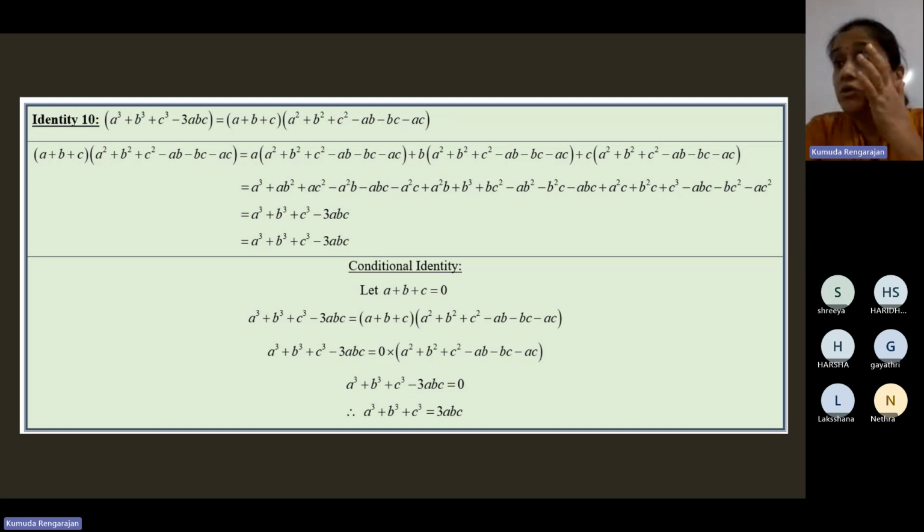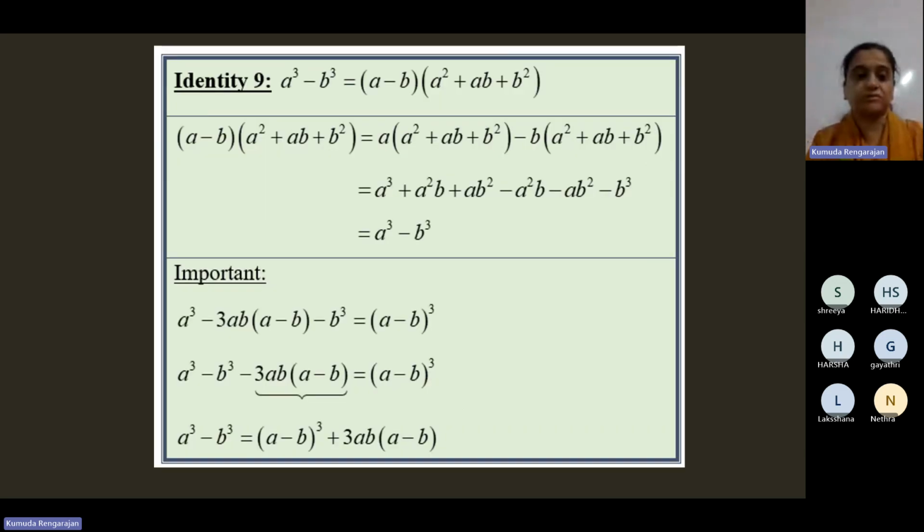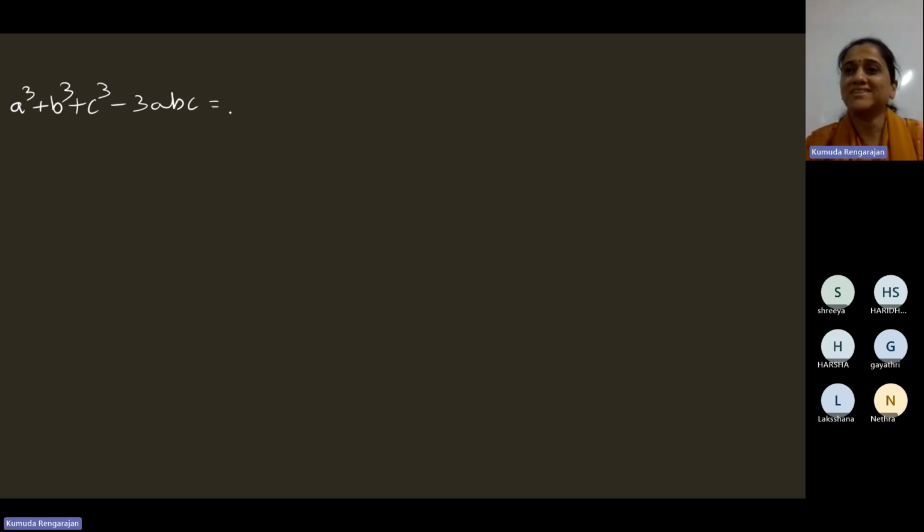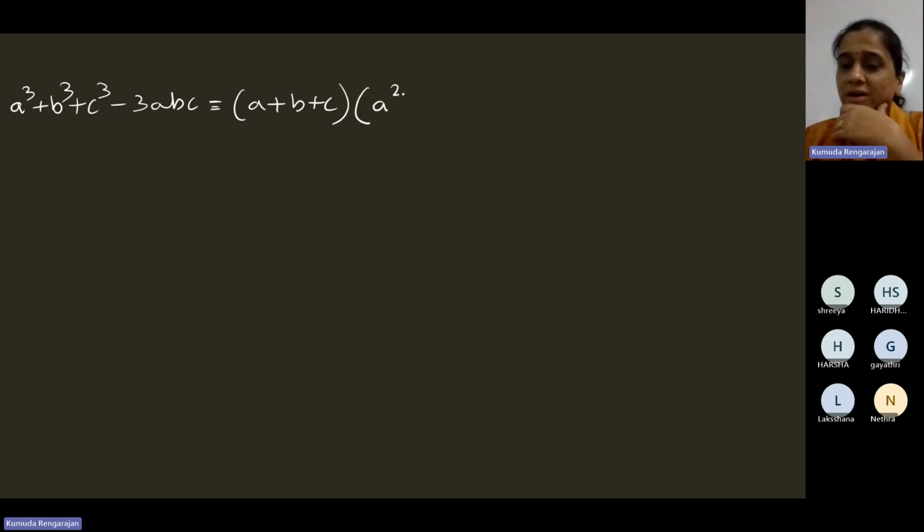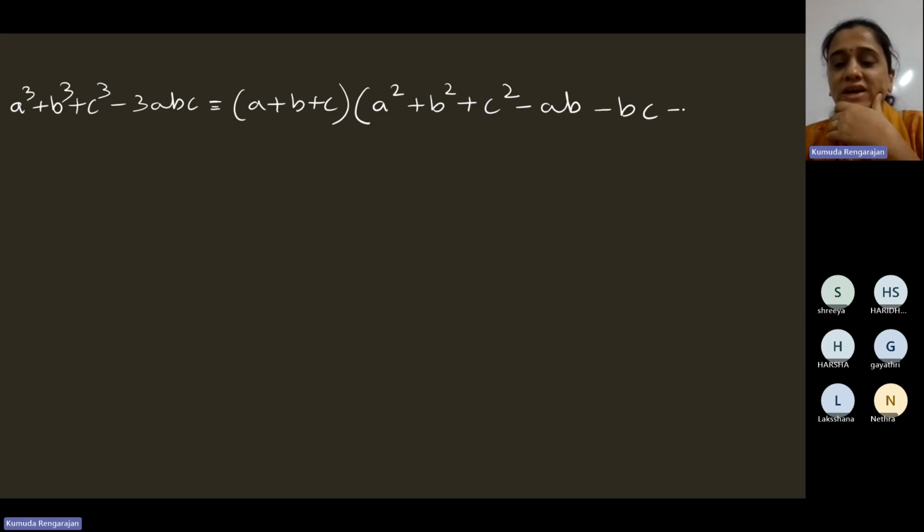Yeah, there's the next one. A cube plus b cube plus c cube minus 3abc is equal to a plus b plus c into a squared plus b squared plus c squared minus ab minus bc minus ac or ca.